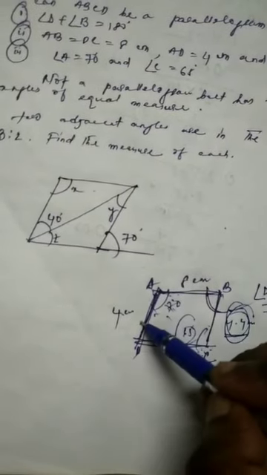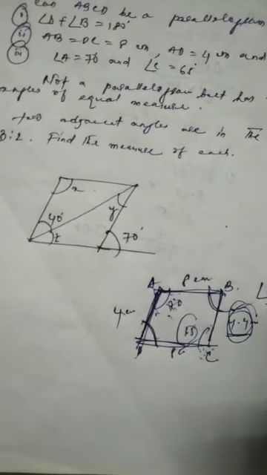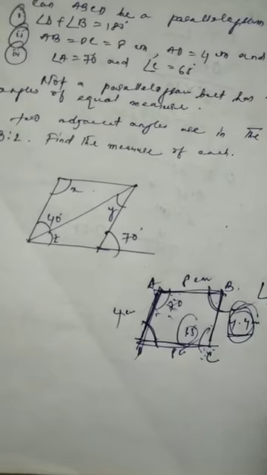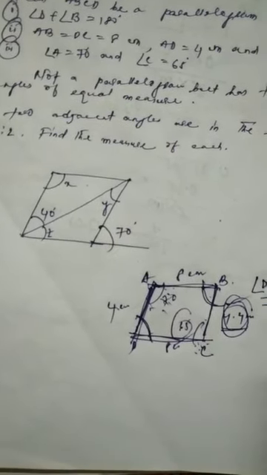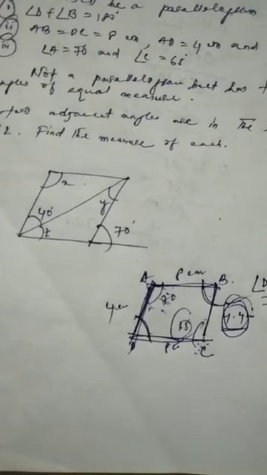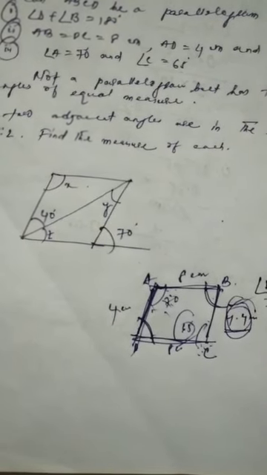Now angle B and D, they are saying that D and B is equal to 180. That is possible in some rare cases, like special parallelograms such as a rectangle or a square, where all the angles measure 90 degrees.